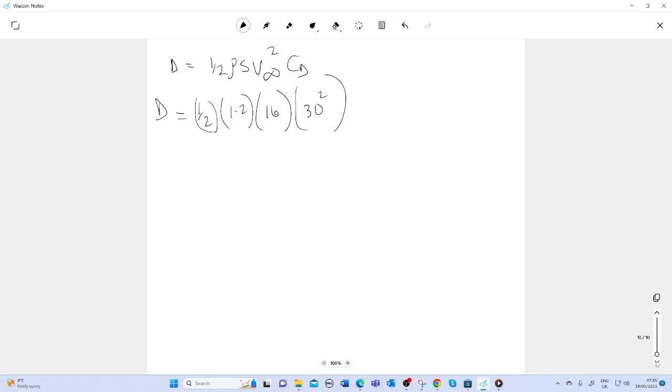So drag equals half rho S V squared CD. So our drag becomes half multiplied by 1.2, 16, 30 squared, 0.0881.